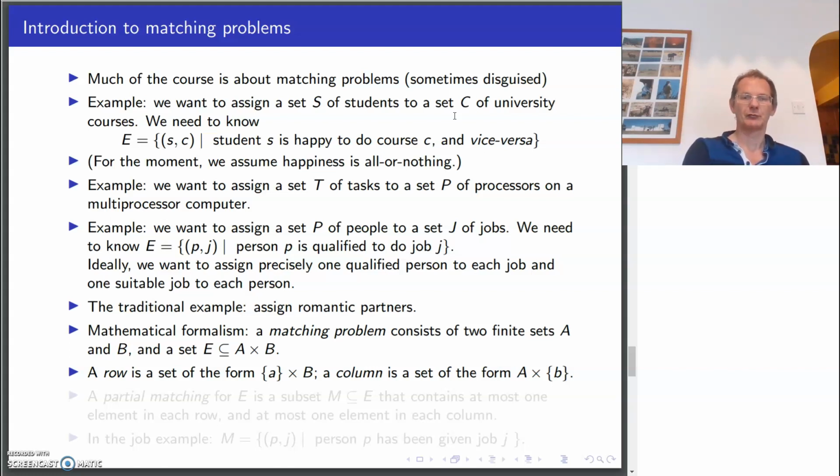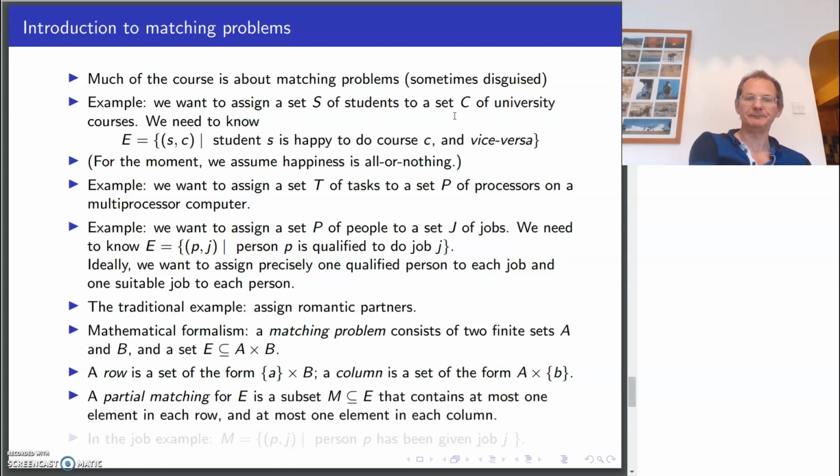So a row of that table is a set of the form {a} × B, a singleton A crossed with B, so that's going across horizontally, because the A is labeling how far down you've gone and the B is labeling from left to right.